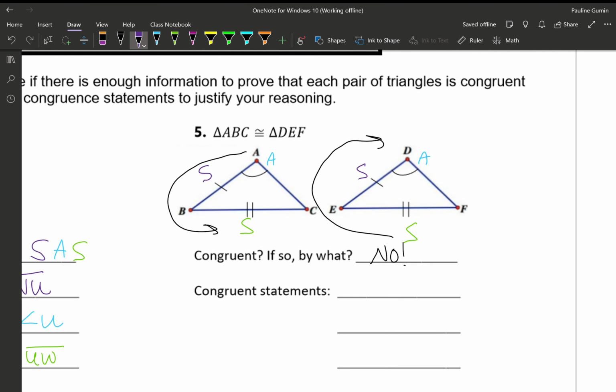All right, the sides that are congruent in these triangles are BA and ED. They also have a congruent angle, which is angle A and angle D, and that second congruent side is BC and EF.